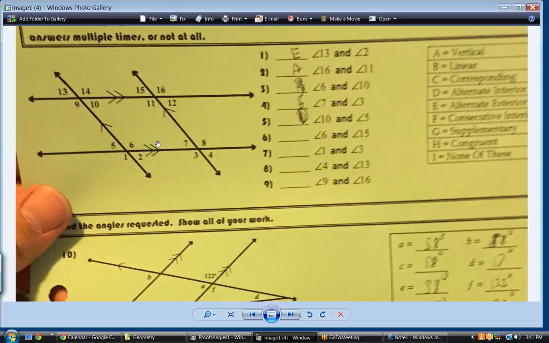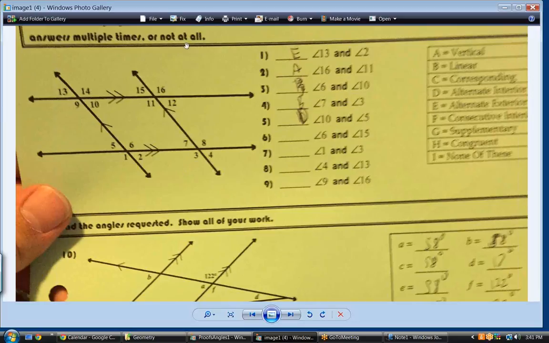6 and 15. Now, notice that 6 and 15, well, what's a good letter for those of our choices?